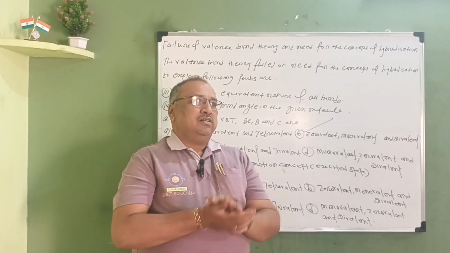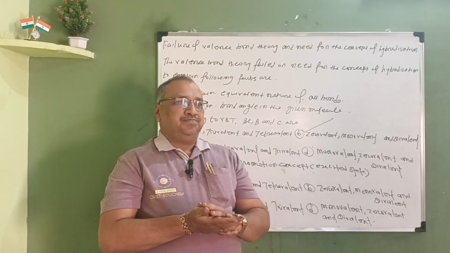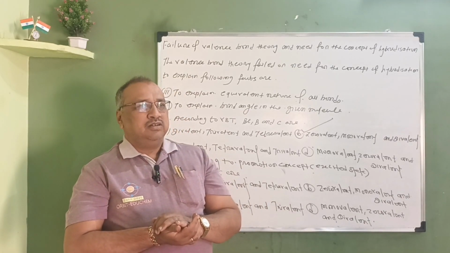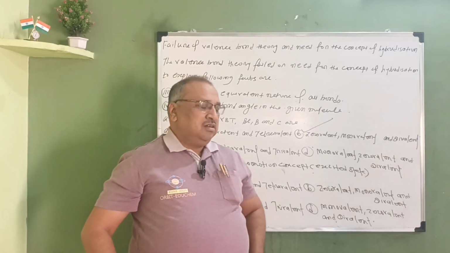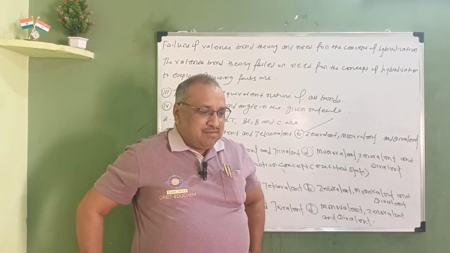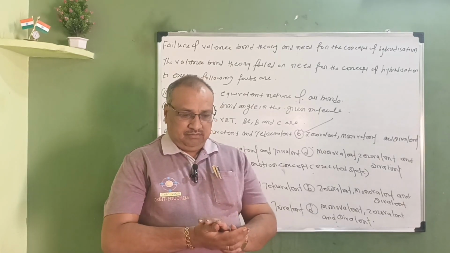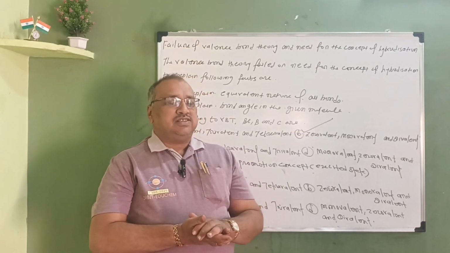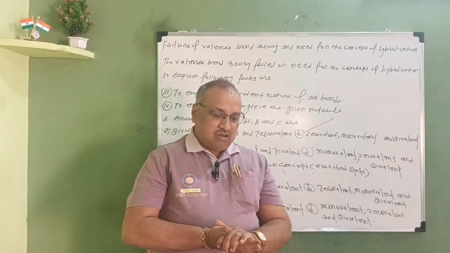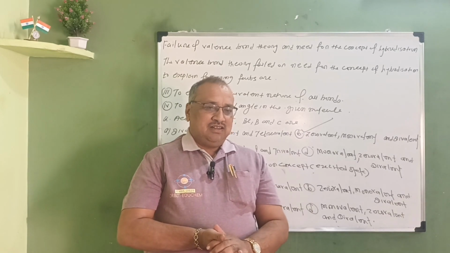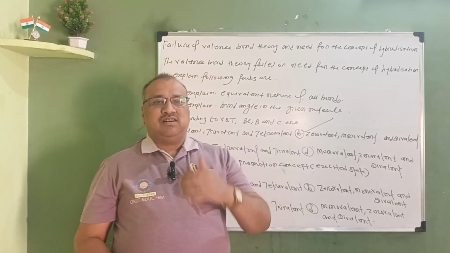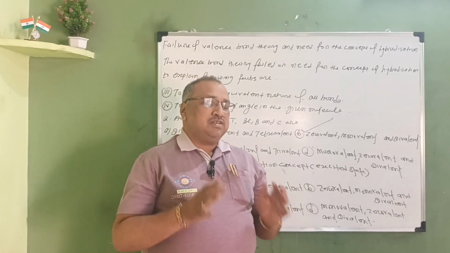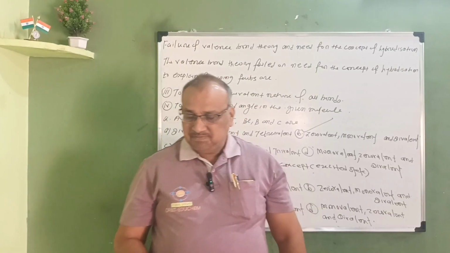And the next important topic in this chapter is hybridisation, which is important for this chapter and also for the whole chemistry. That topic will be discussed in the next lecture. That means the remaining part of this unit will be discussed in the next lecture.